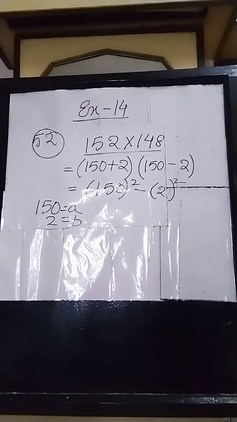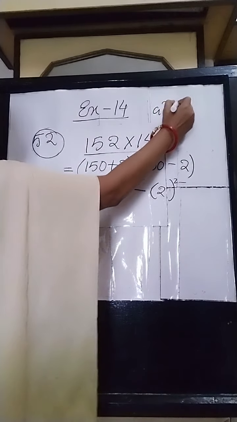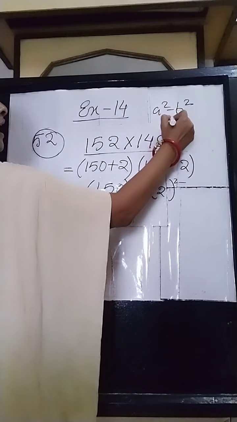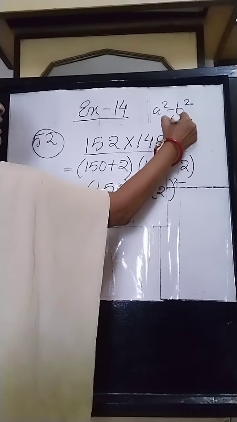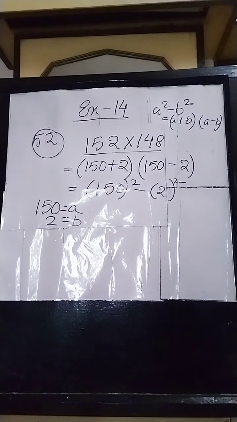I hope you can understand the applicability of the formula a square minus b square is equal to (a plus b) into (a minus b). This applicability you can easily understand.